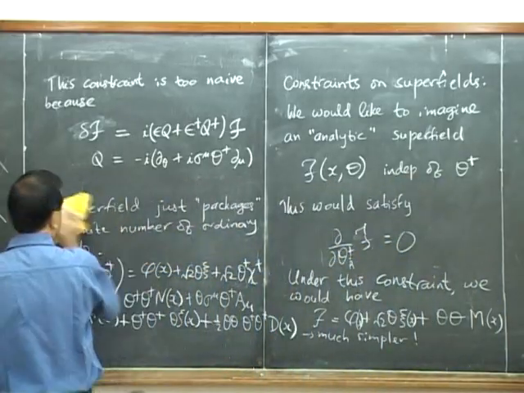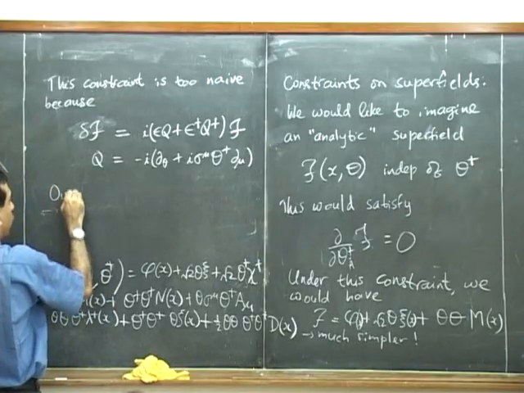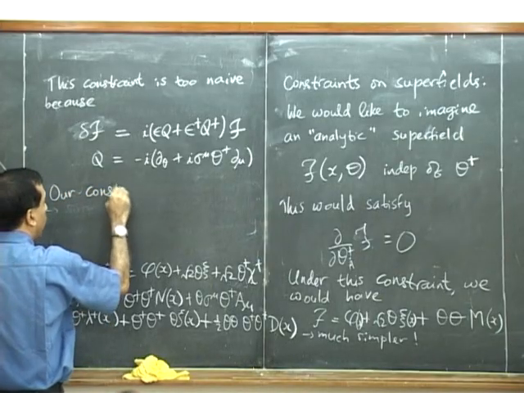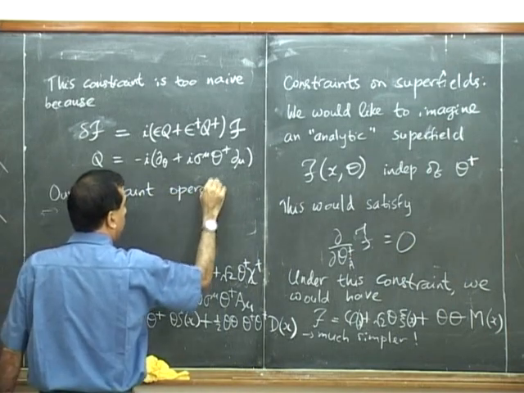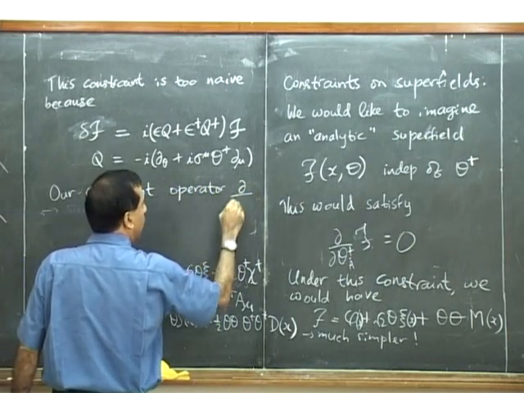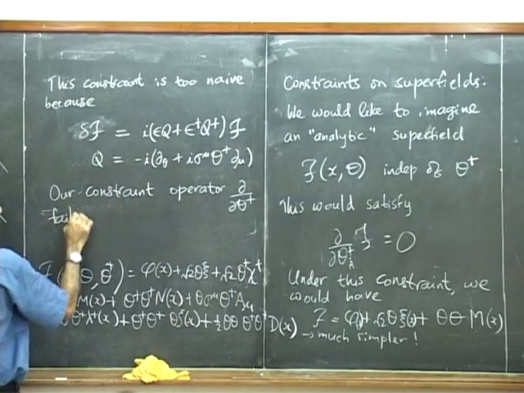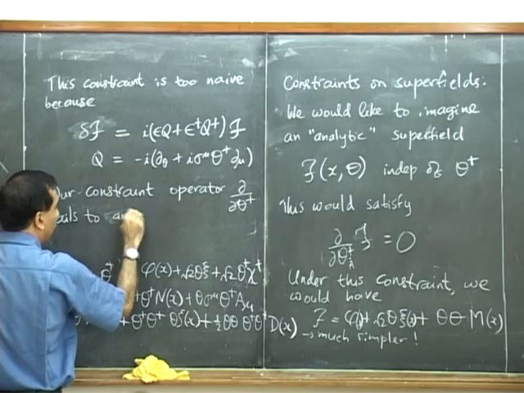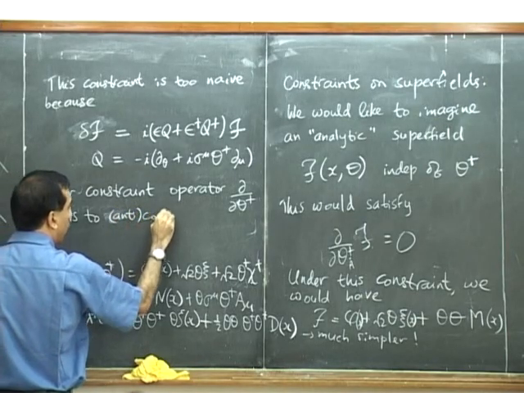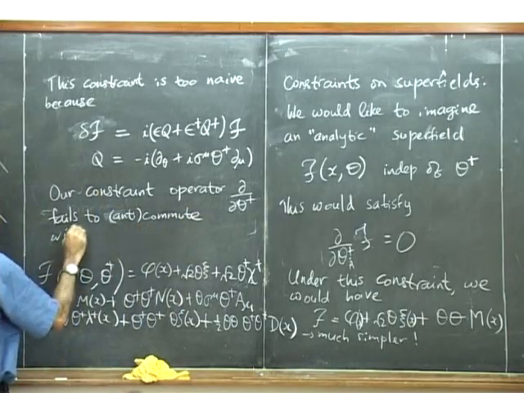So what we see is that our constraint, if you like, our constraint operator del by del theta dagger fails to commute, to anticommute with Q and Q dagger.